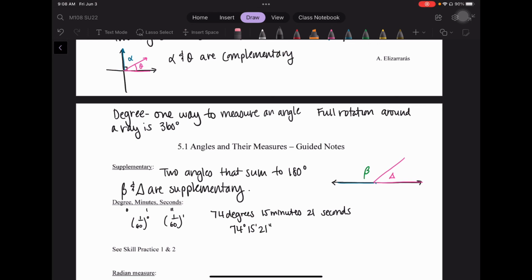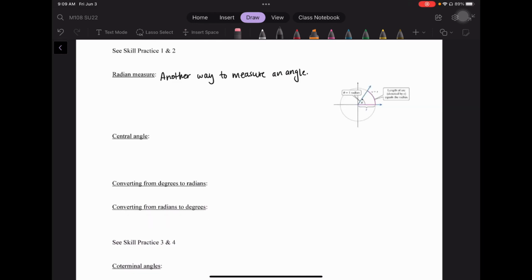A radian measure is another way in which you measure an angle. When two lines or rays cross a circle, the part of the circle between those points is called the intercepted arc. And this is often denoted by S. Then we have this central angle at the vertex of this circle. So I'm going to enlarge this picture.